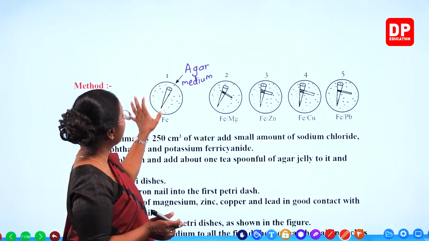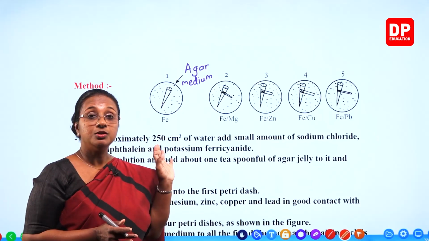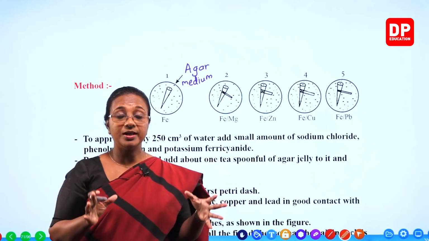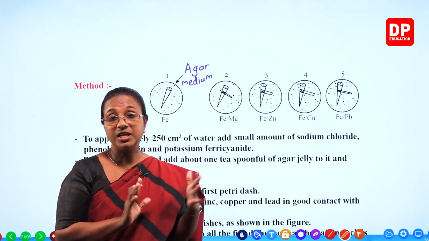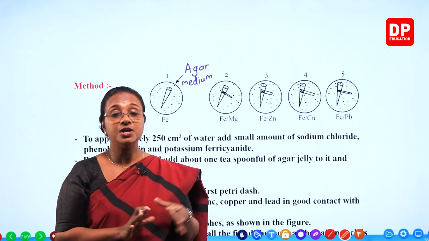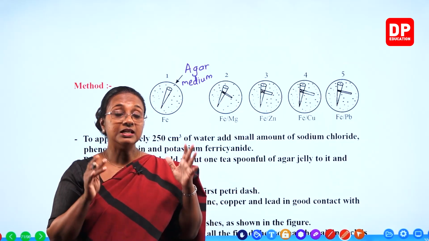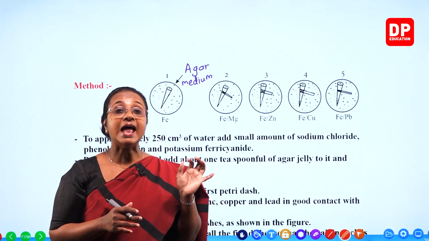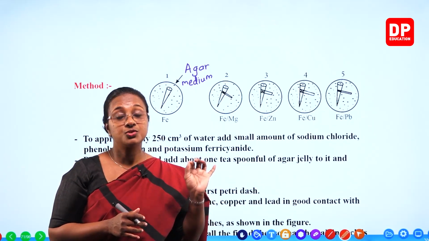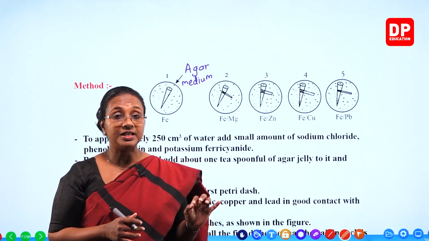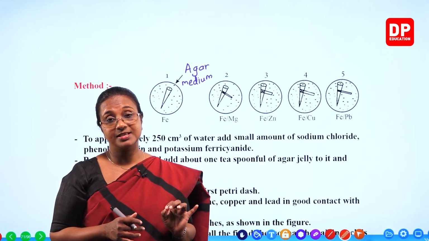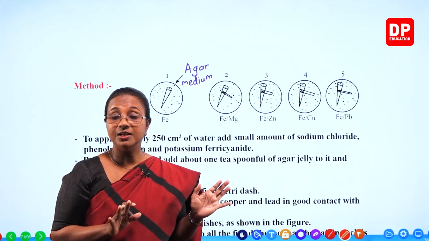Then we need to prepare this agar medium. To do that, we take a beaker. You need to boil water inside that. So water in a beaker, you start heating it, and to that water we add sodium chloride, phenolphthalein and potassium ferricyanide. Now you all know why we need all those.